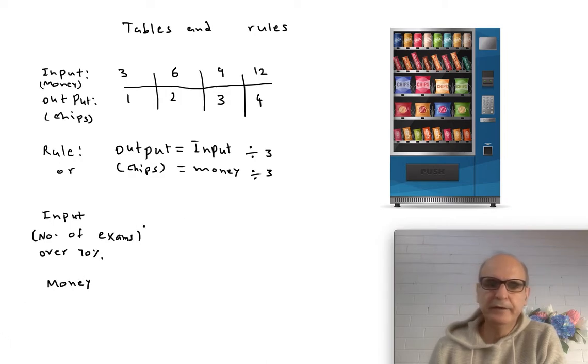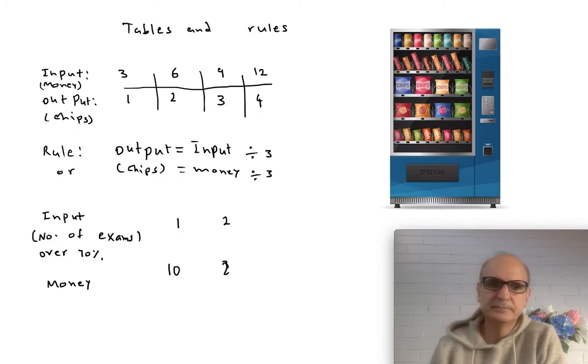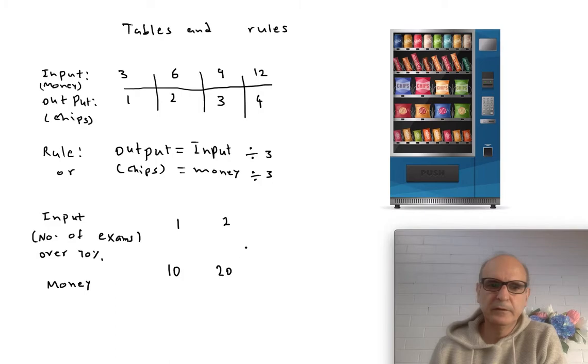All right, if you get over 70% in only one exam, then you're going to have $10. If you do that in two exams, you're going to get $20. If you get over 70% in three exams, you're going to get $30.